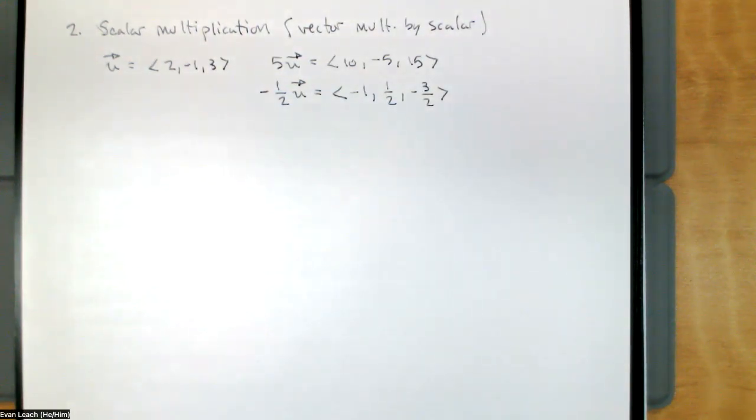I gotta throw a fraction in here, make sure everybody's okay with fractions. Decimals are all right, but some of our decimals aren't very good because we went with base 10.